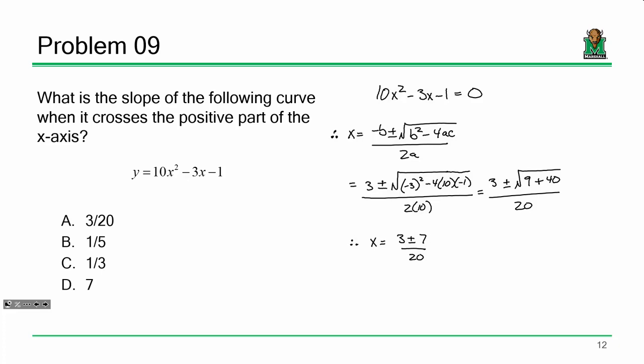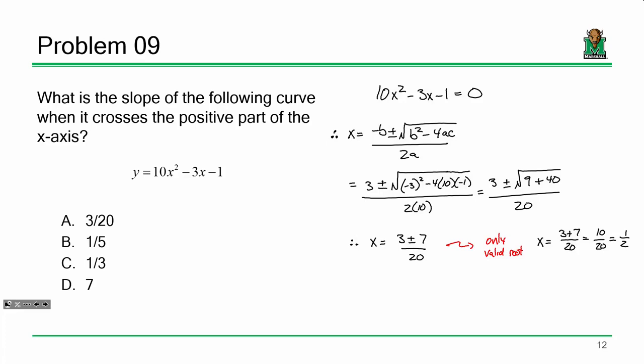So I'm saying the only valid root is x equals 3 plus 7 over 20, or 10 over 20, or 1/2.